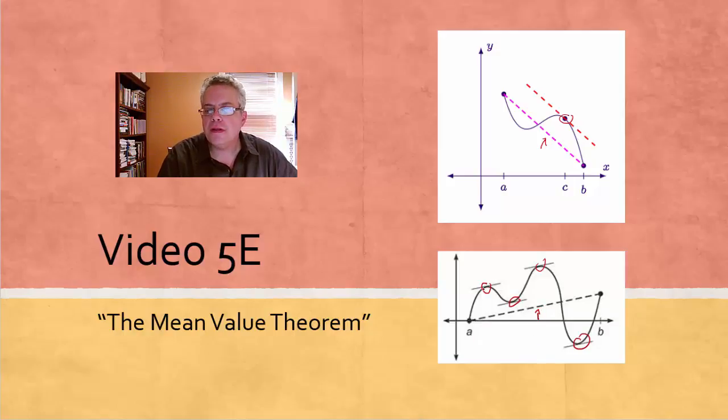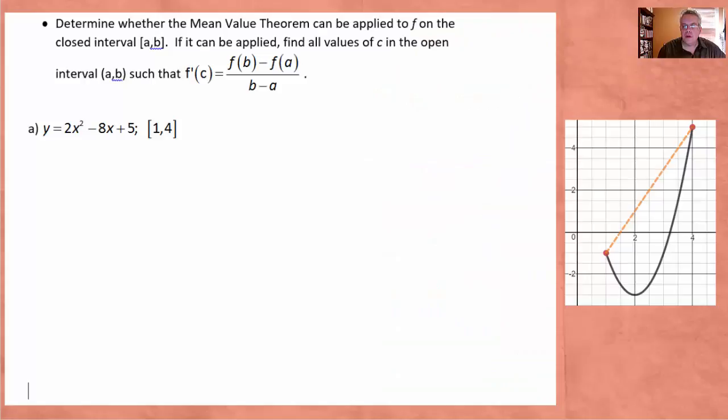That would mean that the tangent line is parallel to the segment between the endpoints. All right, that's the mean value theorem, and our job is to find the points where it's true.